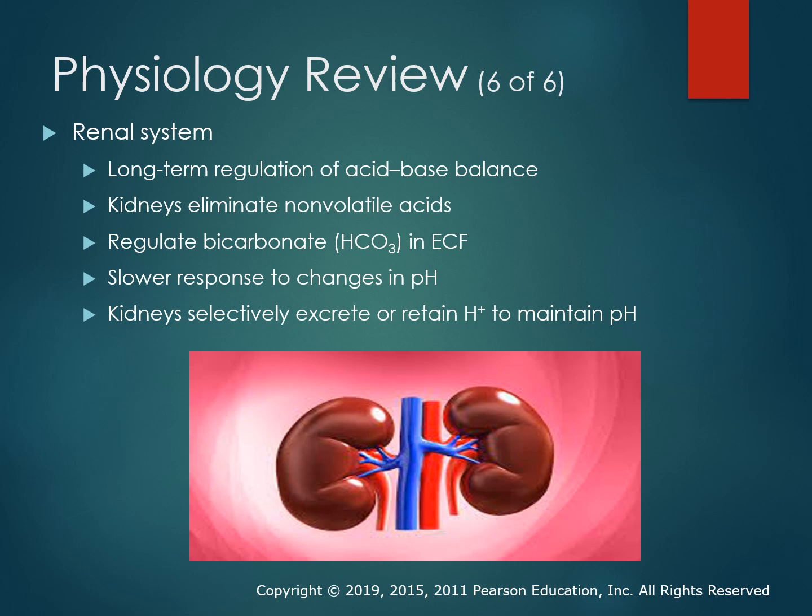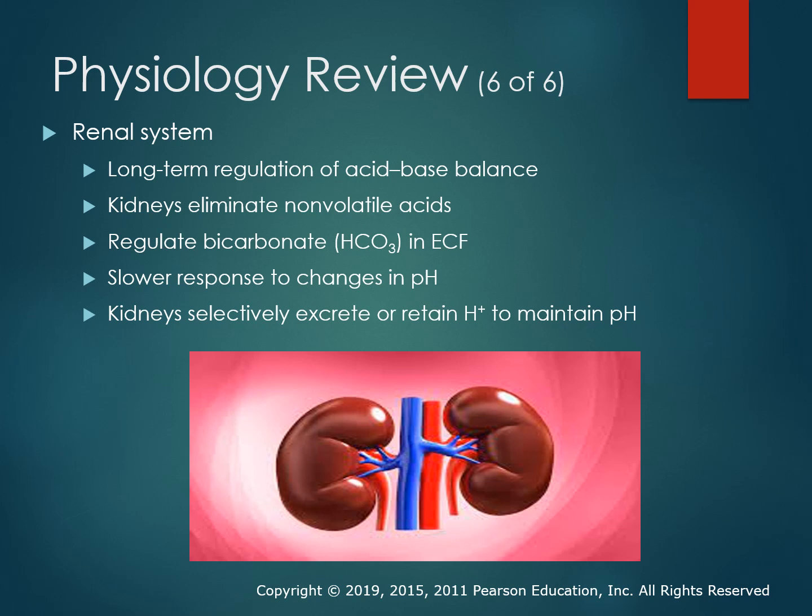The kidneys also regulate bicarbonate levels in extracellular fluid by regenerating or reabsorbing bicarbonate ions in the renal tubules. Although the kidneys respond more slowly to changes in pH over hours to days, they can generate bicarbonate and selectively excrete or retain hydrogen ions as needed.